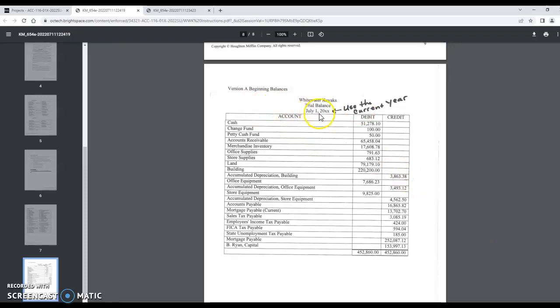All right, here was our post-closing trial balance from June 30th. Also, you can say July the 1st. And our checking account was $51,278.10.